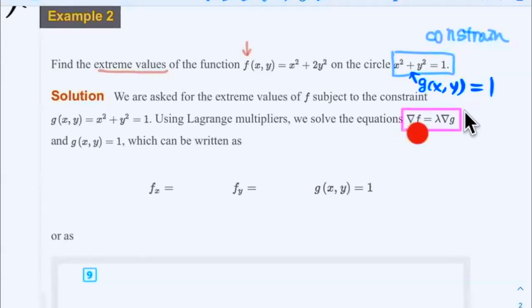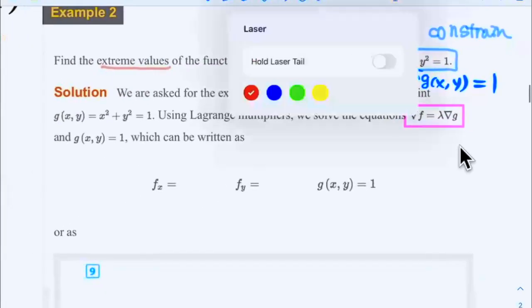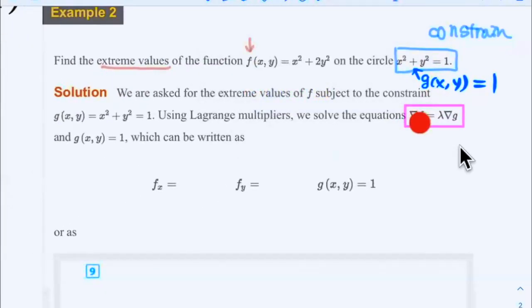Now from this equation, the gradient of f equal lambda times gradient g, we can break it down into 2 equations, right? Because f is a function of 2 variables. So the first equation will have the partial derivative of this function with respect to x equal to what?